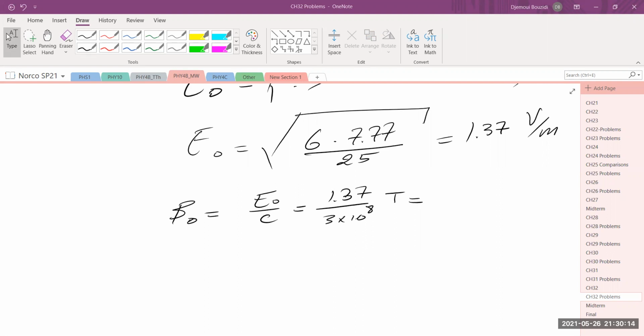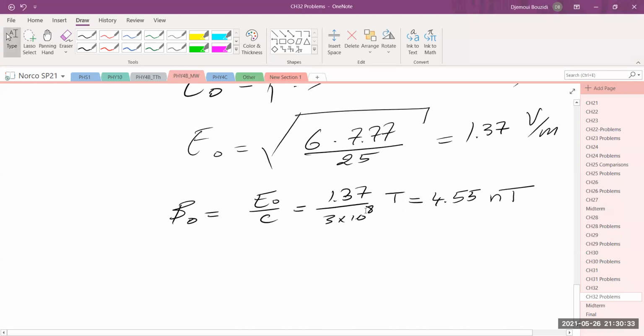Okay, divided by 3. All I need to do. So it's going to be 0.45 or 4.55 nanotesla. Very tiny magnetic field, okay?